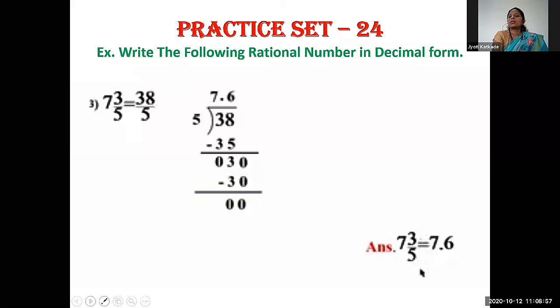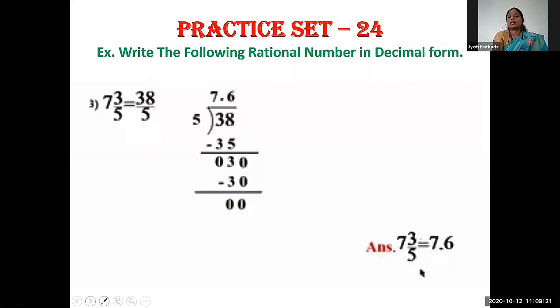Now the quotient is 7.6 and remainder is 0. Means the answer is 7 3 upon 5 is equal to 7.6. This example is also in terminating decimal form. Why? Because the remainder we get is 0.